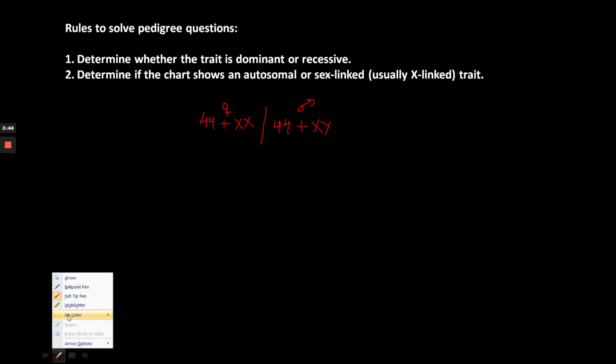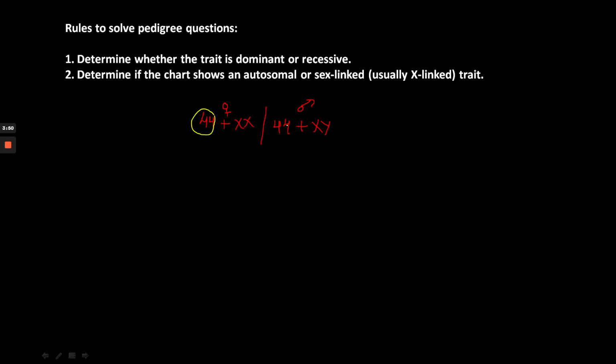If the defective allele is present in these chromosomes, then the disorder is going to be autosomal, because the defective allele is present in one of these autosomal chromosomes, right?